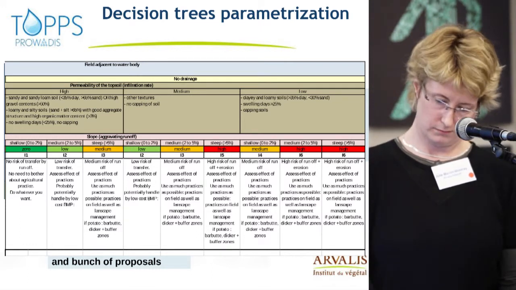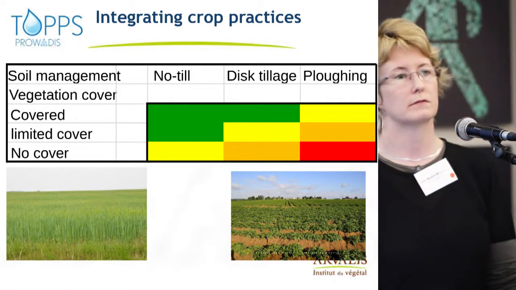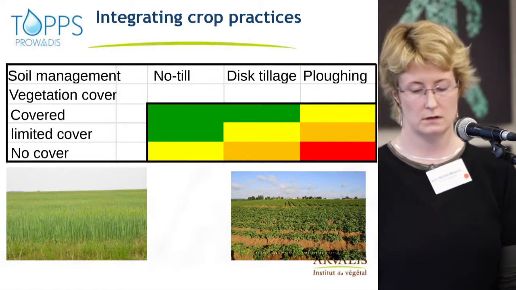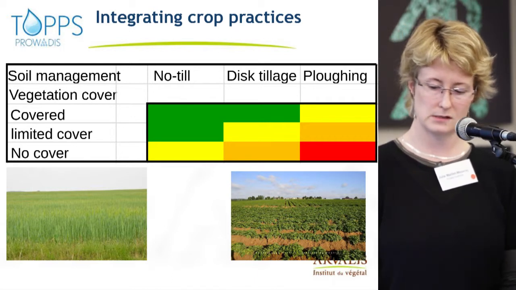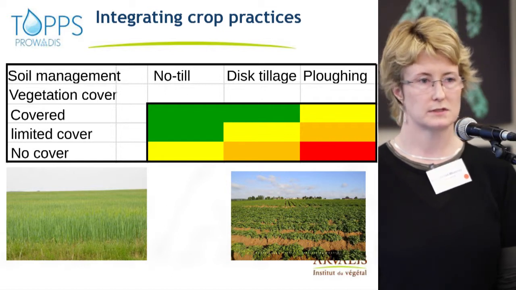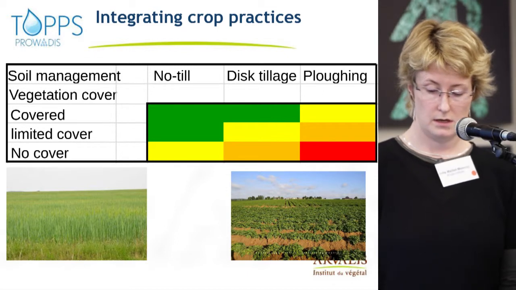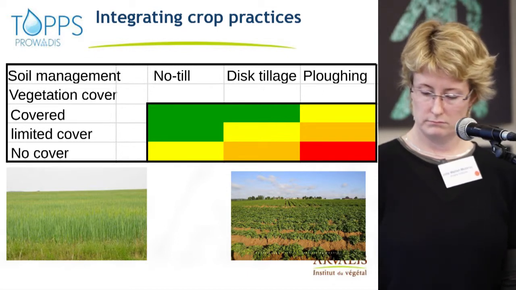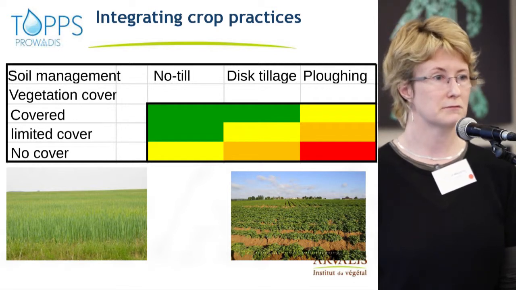Finally, we have this second kind of decision tree, which gives us a relative tendency on how to integrate crop practices such as cover and tillage practices. So the main idea here is to say, for instance, that the more the field is covered, the less the runoff risk.